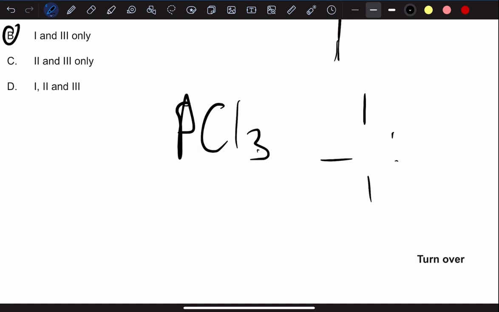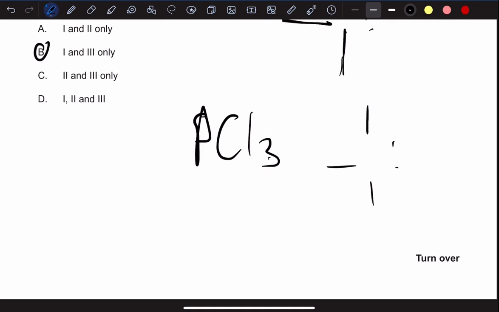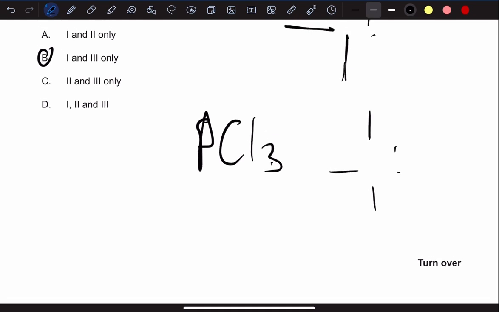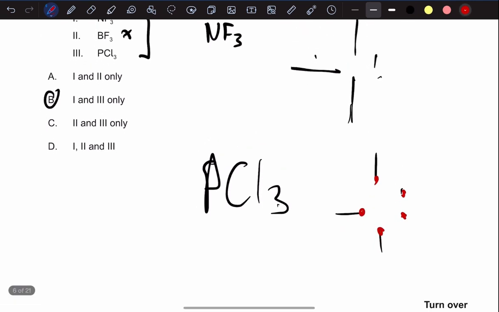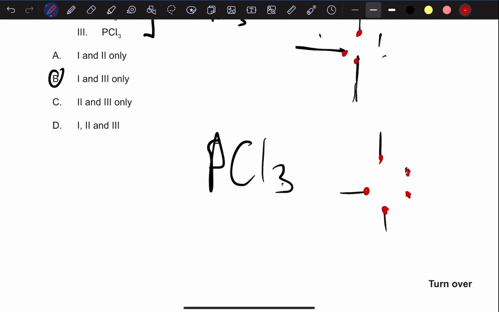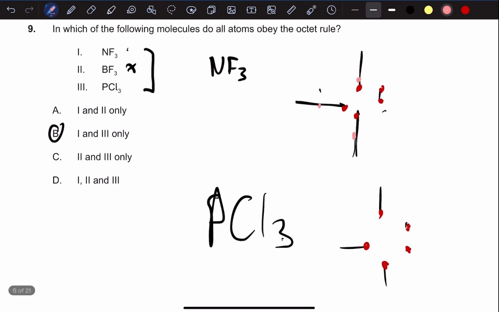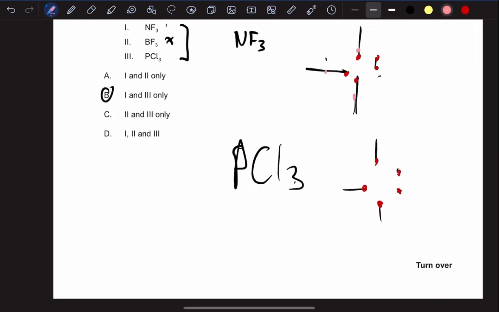So every molecule here is going to obtain the octet. It's going to sustain the octet rule. Okay, so yeah. If you're wondering where the 5 valence electrons are, it's 1, 2, 3, 4, 5, and then the chlorine would be here, there, and it would have its own electrons too.